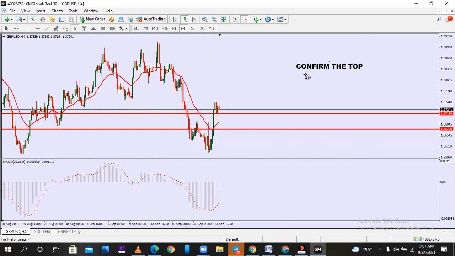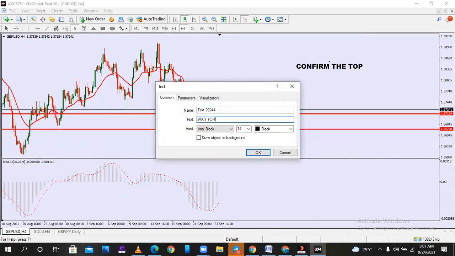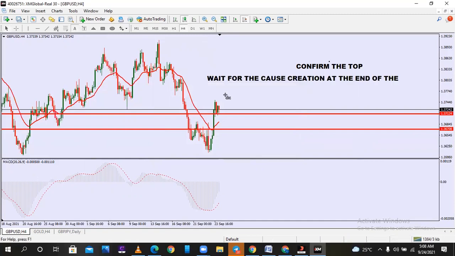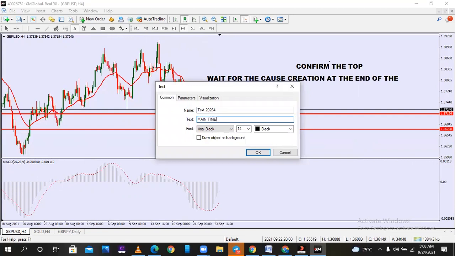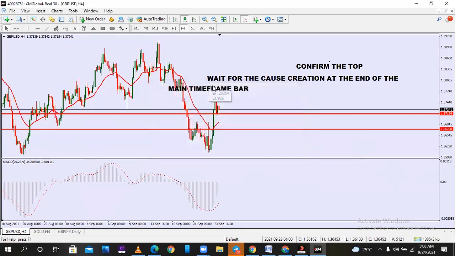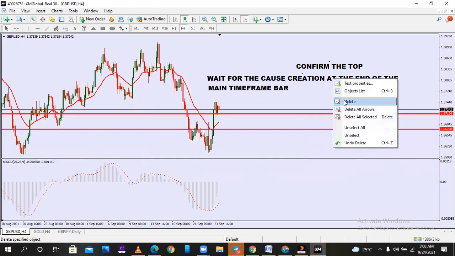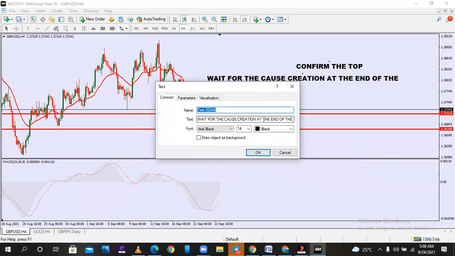Now, after you've confirmed the top, the next thing you do is wait for the course correction after the close of the main time frame bar.